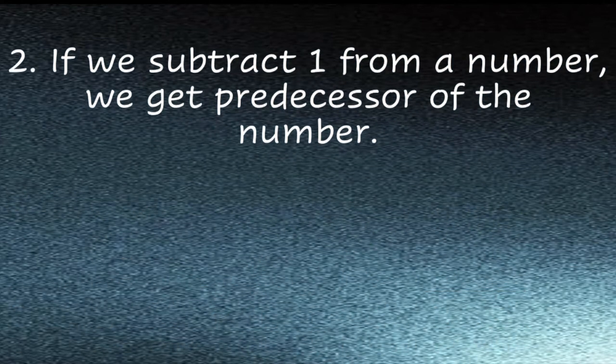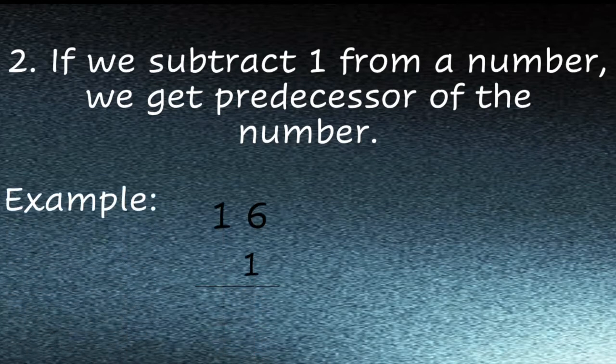The second property: if we subtract 1 from a number, we get the predecessor of the number. As we saw earlier, in addition, if we add 1 to a number, we get the successor. But in subtraction, if we subtract 1 from the given number, we get the predecessor of the given number. For example, you have 16 minus 1.